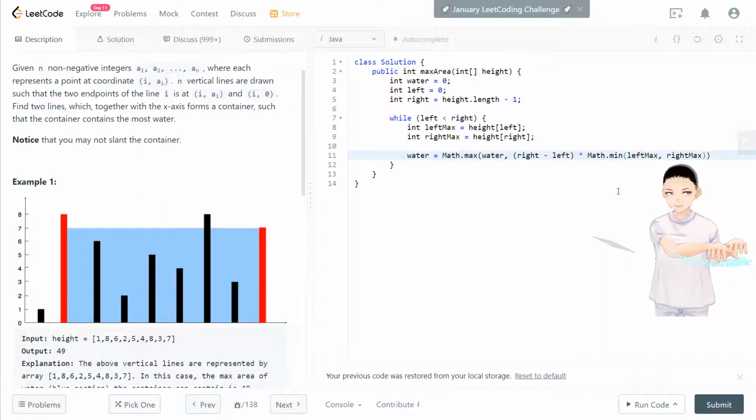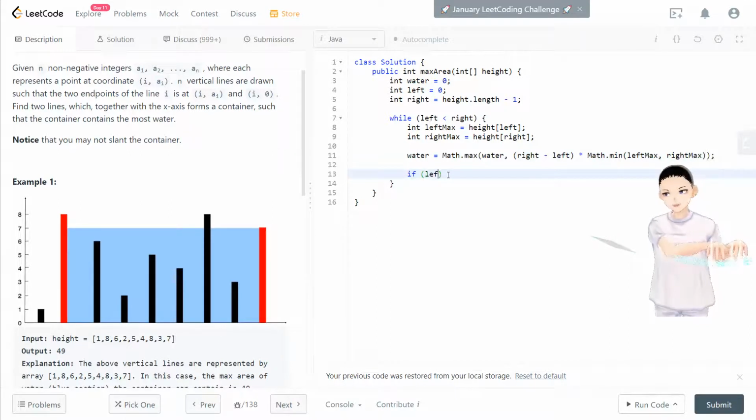So we track that one, and that's it for this one. After tracking water, we can check which one is higher, either left max or right max.